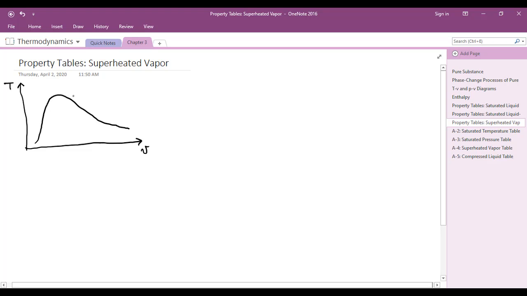We recall that the superheated region is located to the right of the vapor dome. So this is the superheated region.